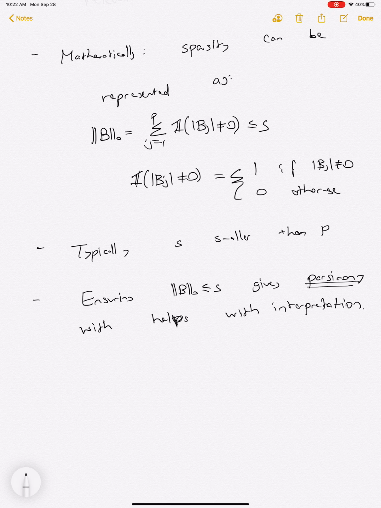Another reason is that, from a scientific point of view, one of the key questions we're always looking for is models that are interpretable.